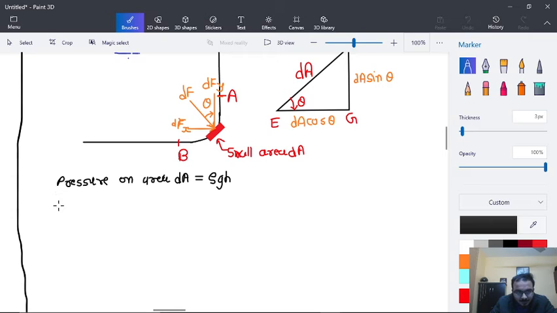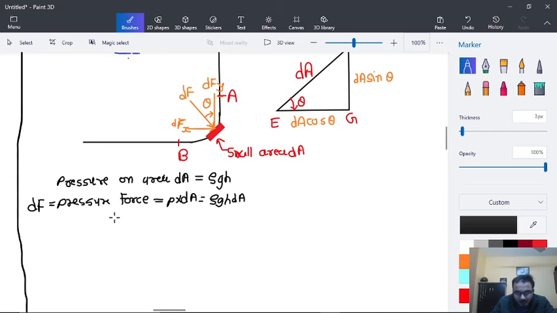So the pressure force will be equal to P into dA, which is equal to rho g h dA. Now this is, you can say, a dF.